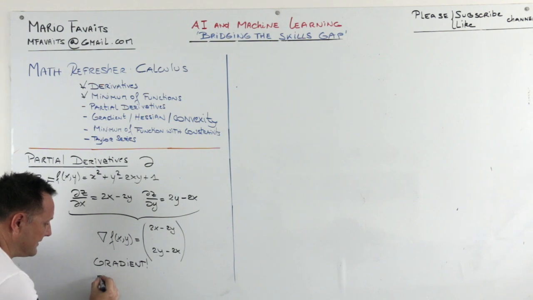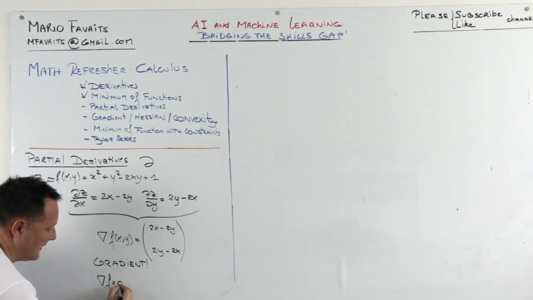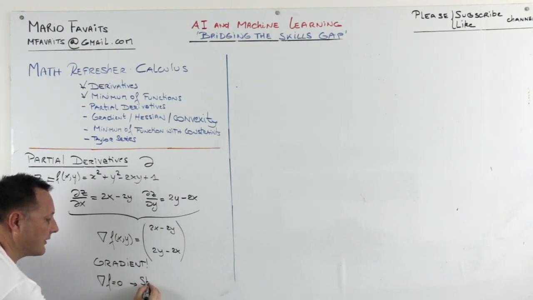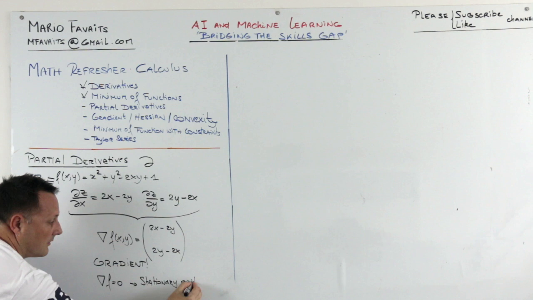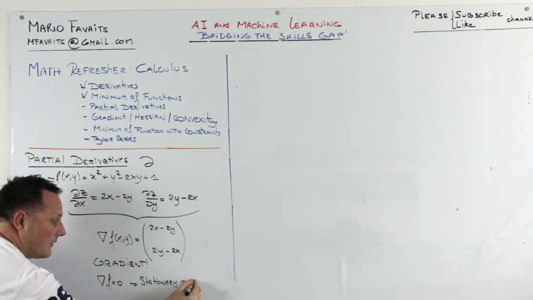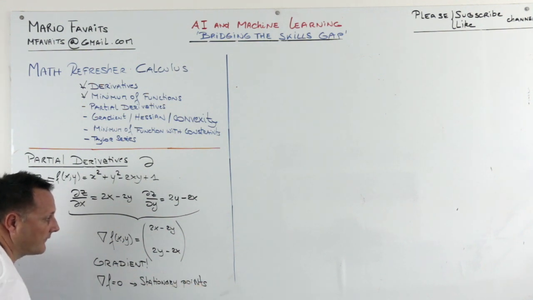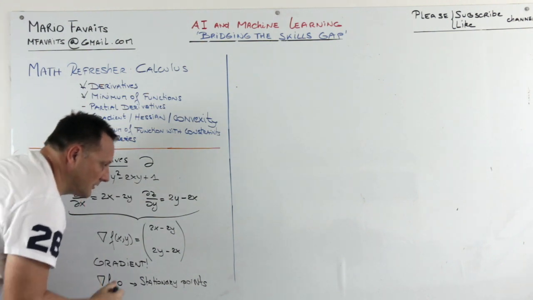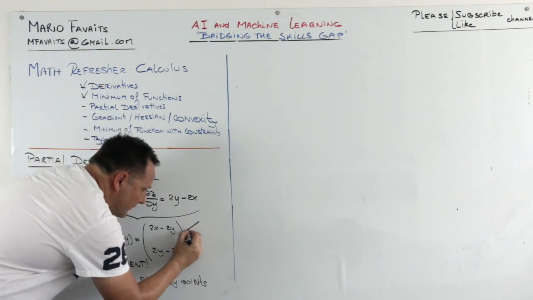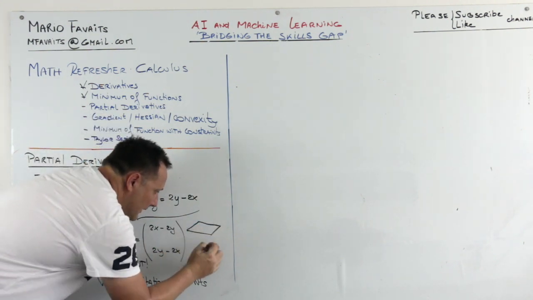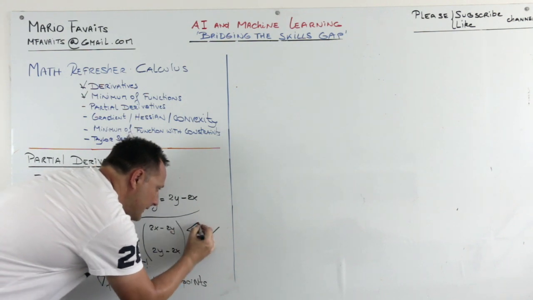Now, where the gradient is 0, we call these stationary points. The best way to understand this is that you have a sort of a plane. In 2 dimensions, you have a plane.